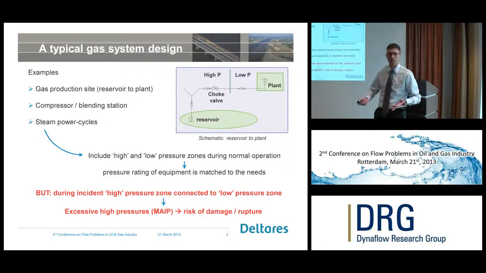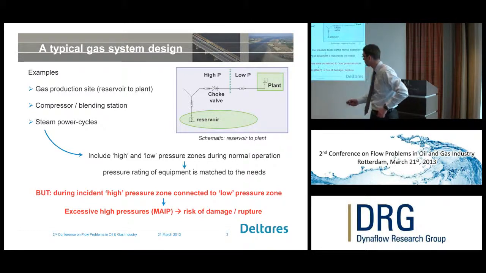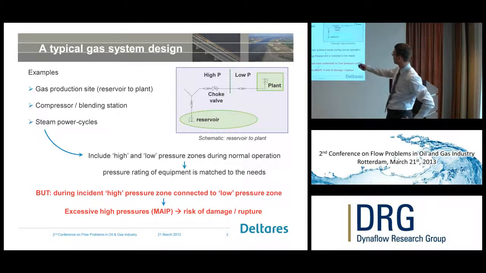First of all, what's actually the gas system that I'm interested in? Examples are a gas production site, a compressor blending station, or for example steam power cycles. Mainly we have done projects for gas production sites, and you see a schematic in this figure.